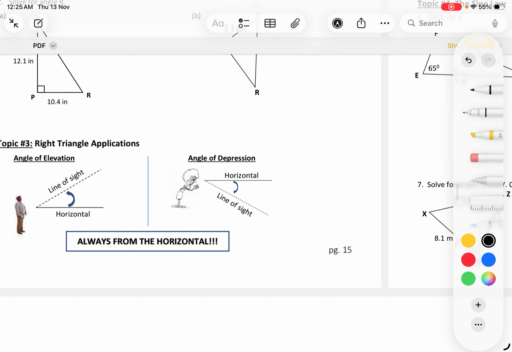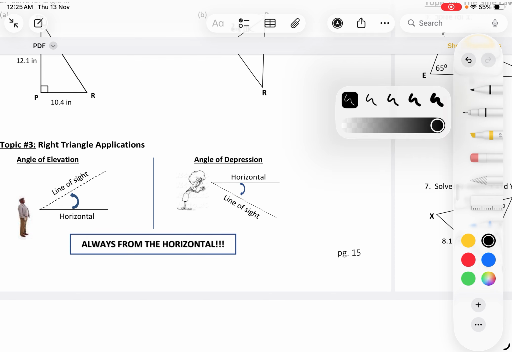Next one, very important point before doing the next question. Let me explain to you about the angle of elevation and angle of depression. See, if a man is standing here and the eye is here at this distance, right? This is the horizontal line which is parallel to the ground, and he is looking up.